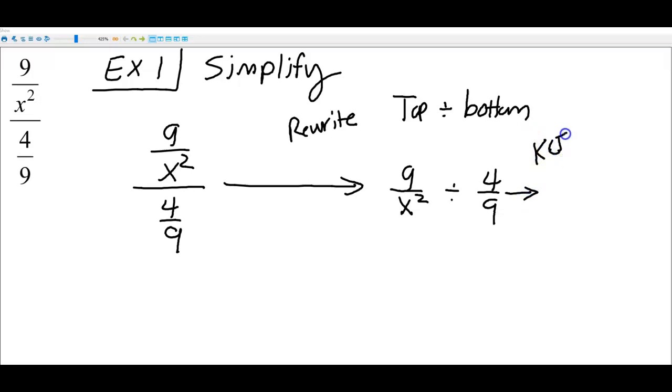Keep, change, flip. So that would be keep the first fraction the same, change the division into multiplication, and flip this second fraction over. At this point, you want to see if you can reduce anything.